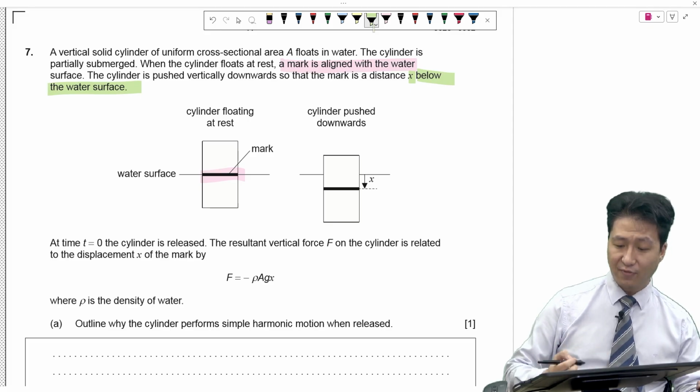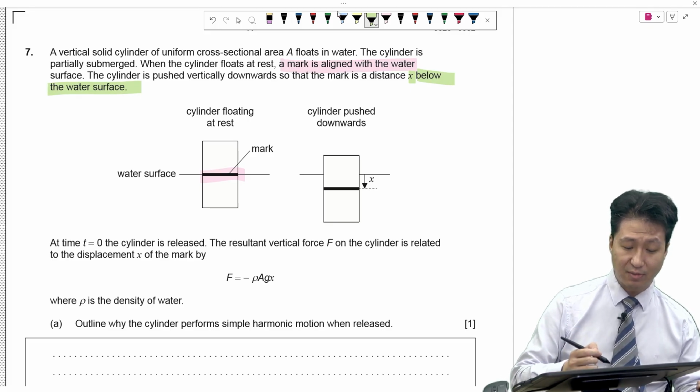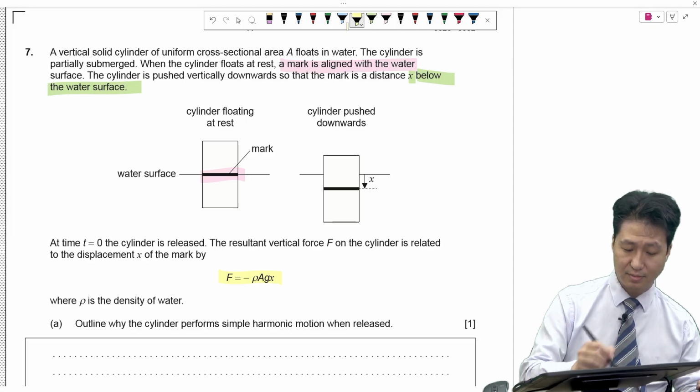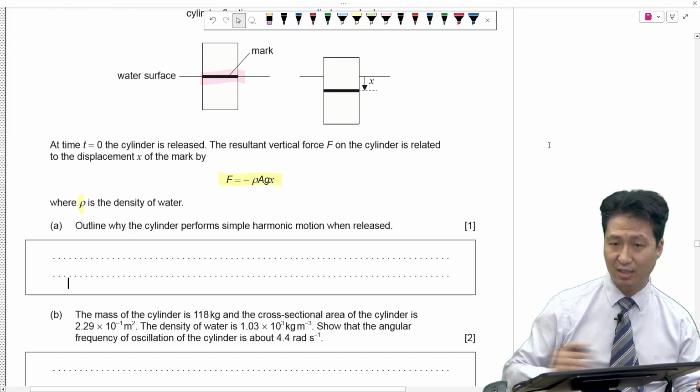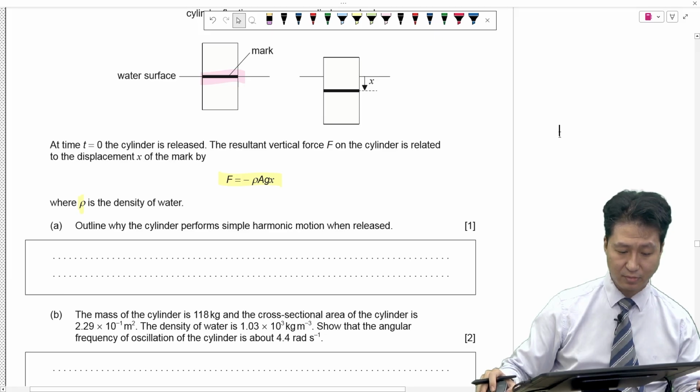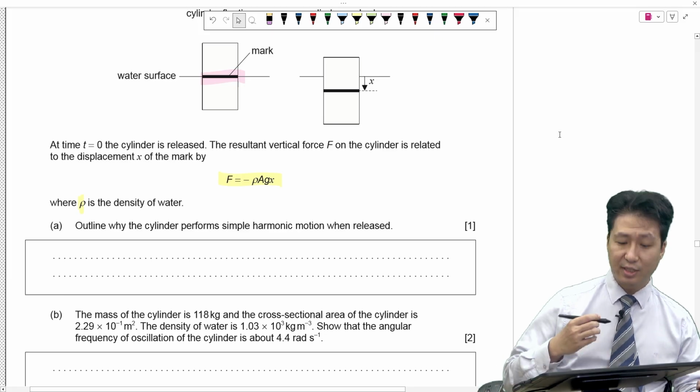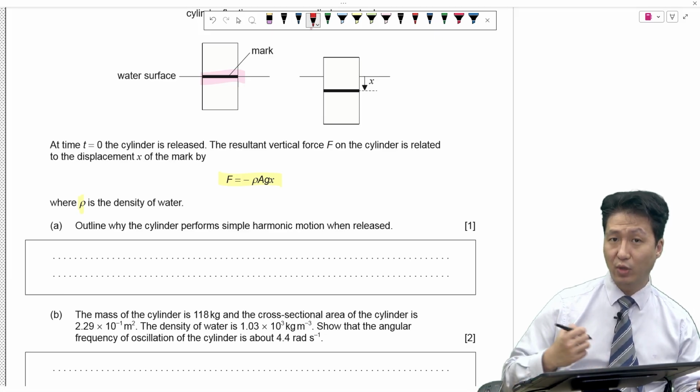The resultant vertical force on the cylinder is related to the displacement x of the mark by this equation here, where rho is the density of the water. So rho looks like a p, it's just a Greek letter though. Outline why the cylinder performs simple harmonic motion when released.